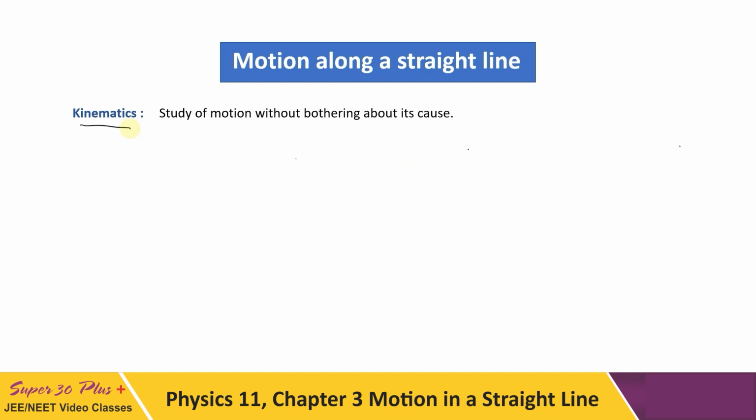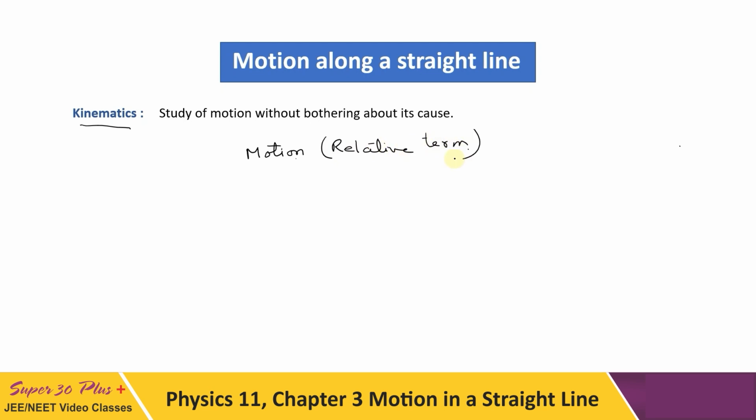So let us first see how motion is studied, how it is analyzed. For analysis of motion, a reference frame is needed because motion itself is a relative term. Without a reference, we cannot analyze the motion. It has to be with respect to an observer.